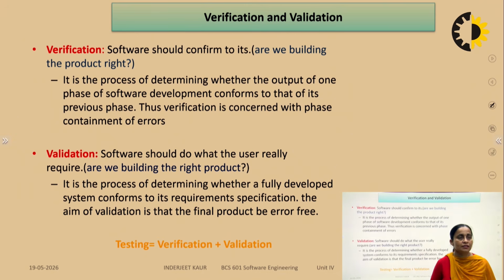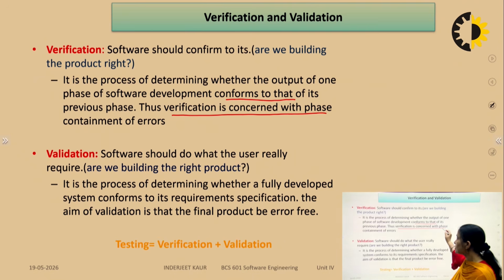If I say this statement, then I am doing verification. It is the process of determining whether the output of one phase of software development conforms to its previous phase. So verification is concerned with the containment of errors.